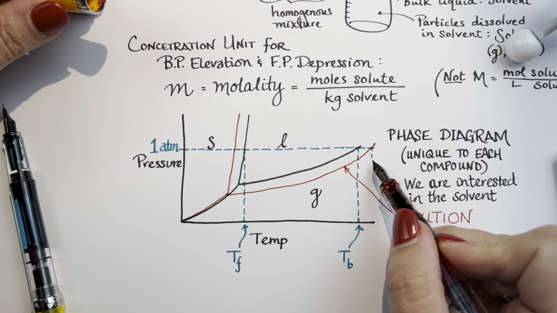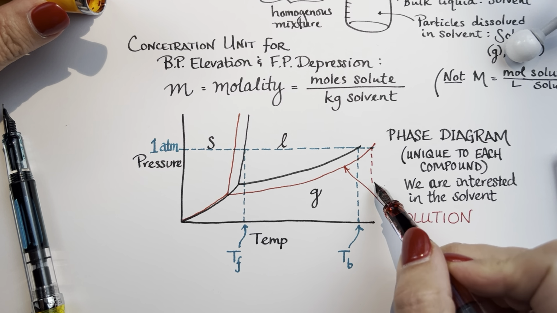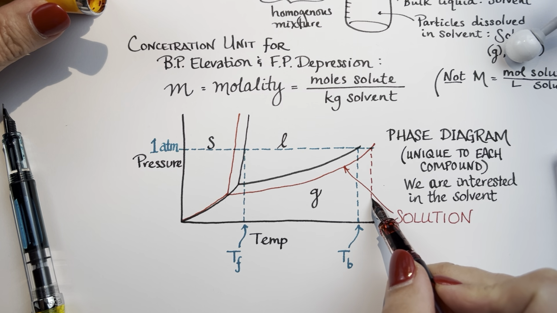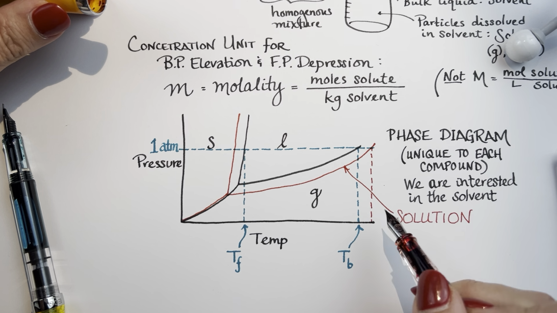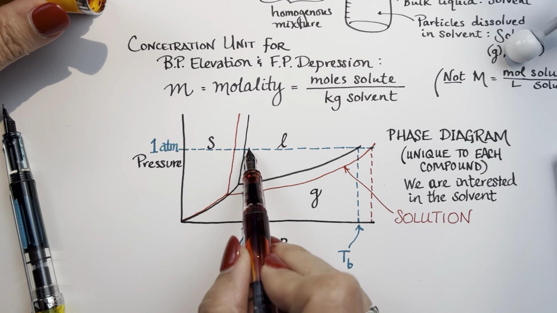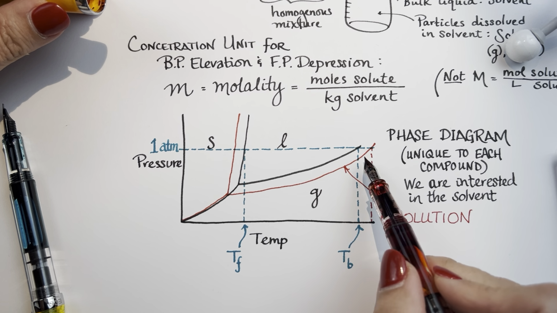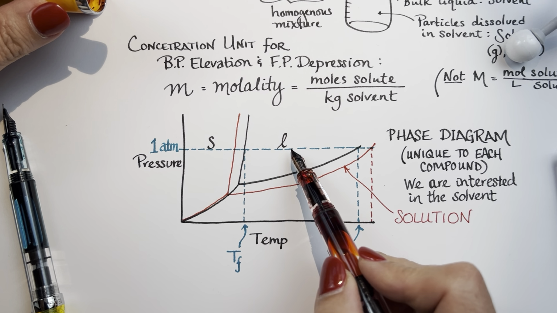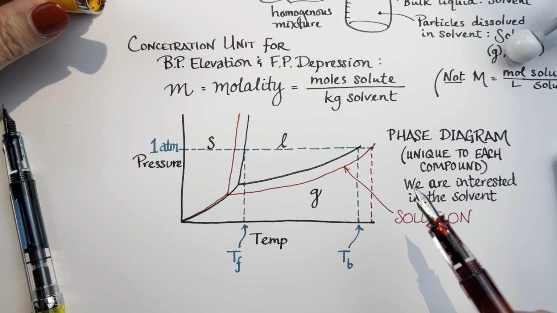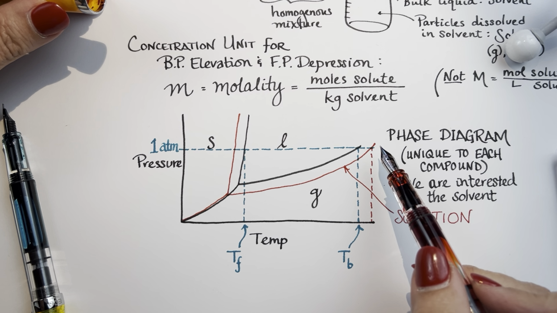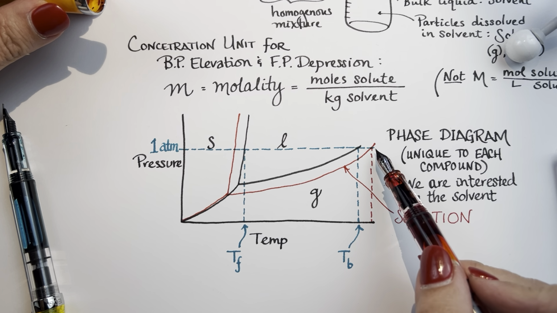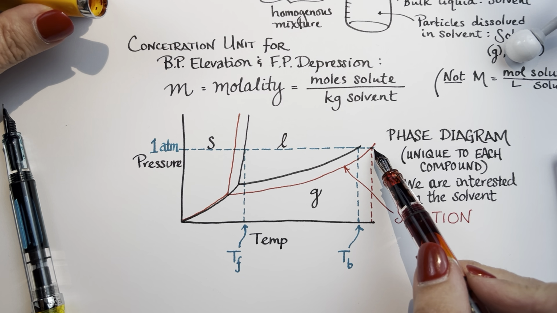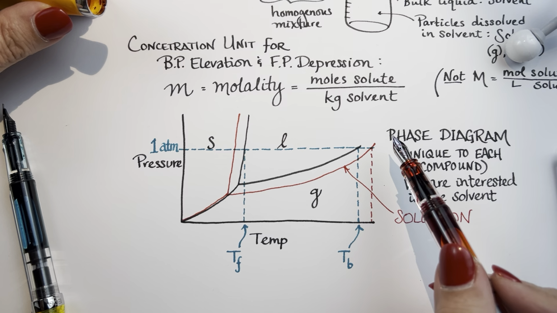We have a new boiling point. This is at 1 atmosphere pressure still, but we have now expanded the liquid phase by dissolving in these solute particles. It is now more difficult for those solvent particles to escape.